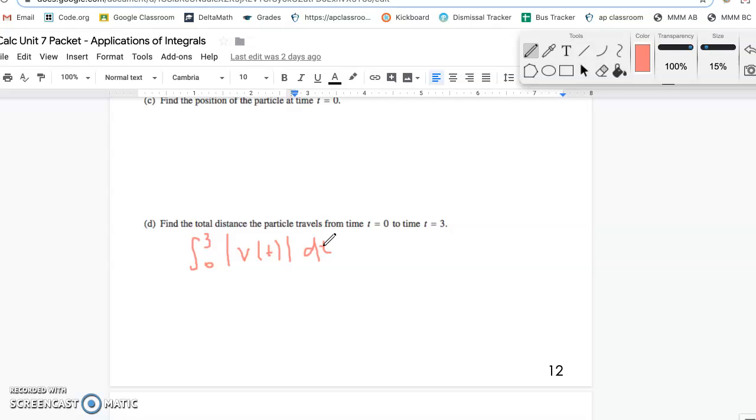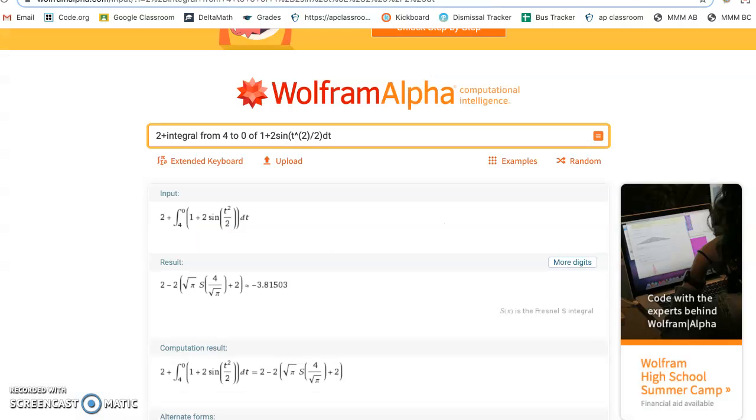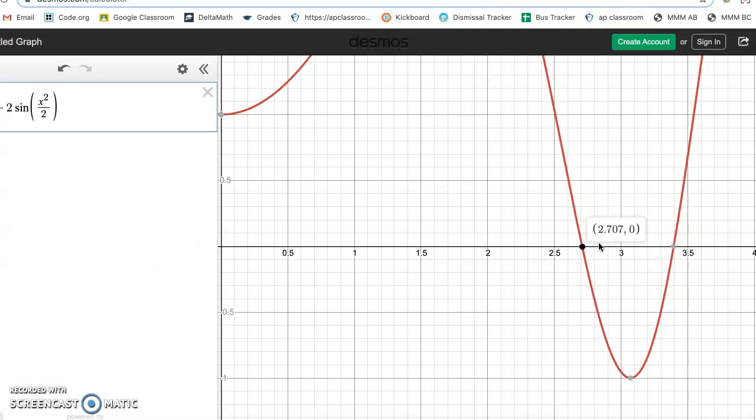And remember, with absolute value, the tricky thing is that we have to split it into multiple integrals. First thing we need to do is look at our graph for where the sign changes.